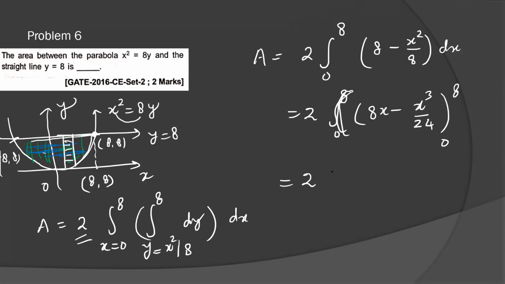Now if you simplify it, I'm not going into calculation mode, it is equal to 85.33. This is the bounded area, in unit square.